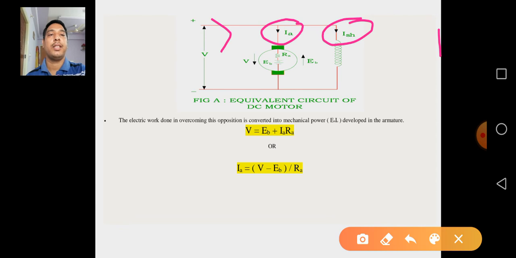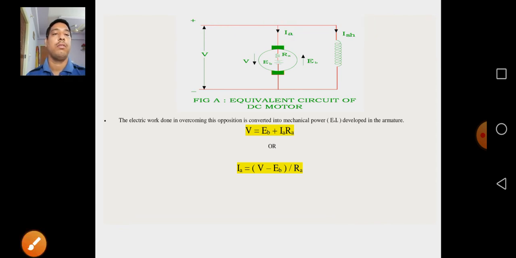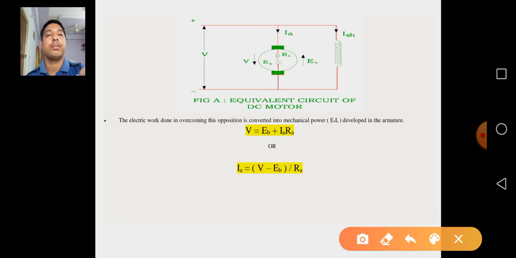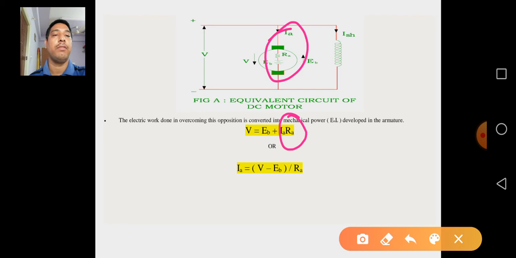When we apply KVL to this circuit, we get the voltage equation of the corresponding DC shunt motor: V is equal to EB plus IA RA. Here IA RA represents the voltage drop due to the armature resistance of the winding.